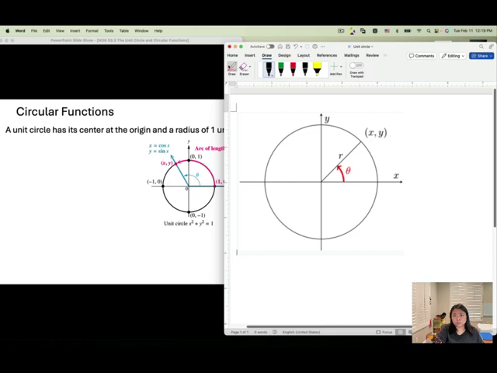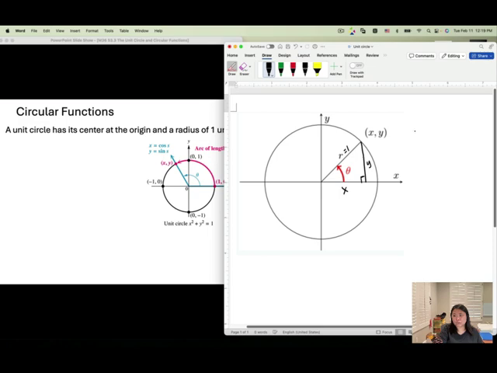Okay, so we have a unit circle, and this time let me put the point x, y here. This is a right triangle, and we know r is equal to 1. At the point x, y, this length is x and this length is y.